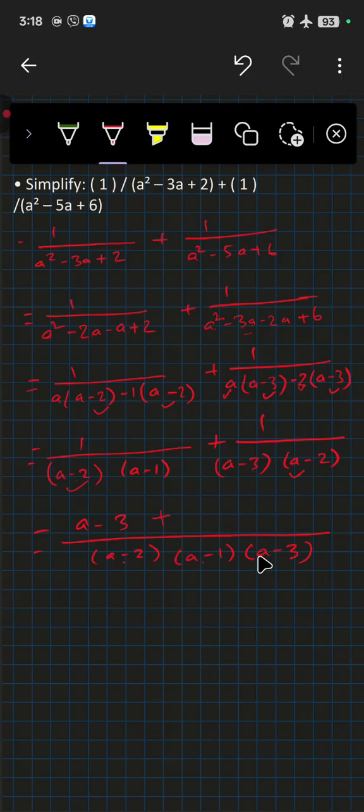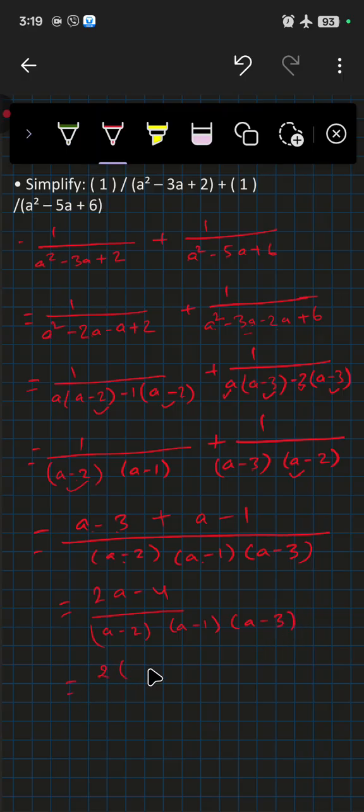A minus 3, and a minus 2 is gone. A minus 1 will multiply to this 1 and will remain the same, a minus 1. So now here a becomes 2a, minus 3 and minus 1 become minus 4, upon a minus 2 into a minus 1 into a minus 3.